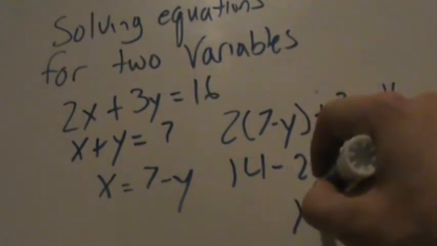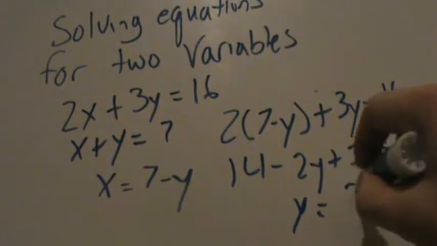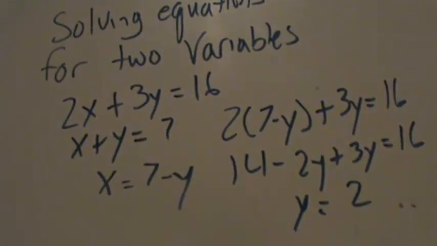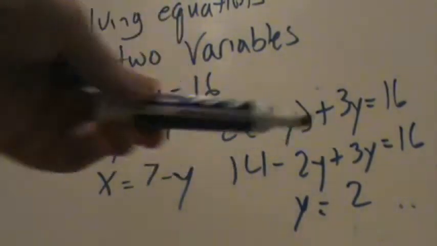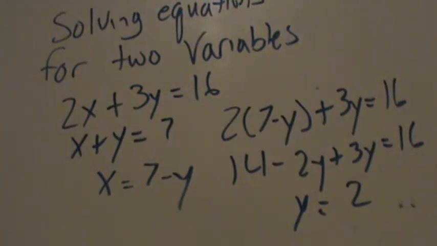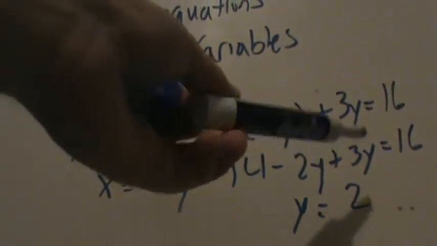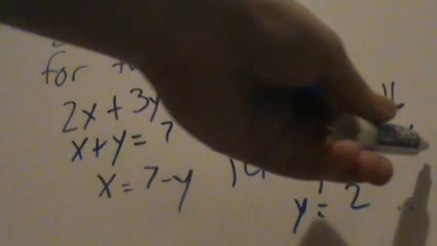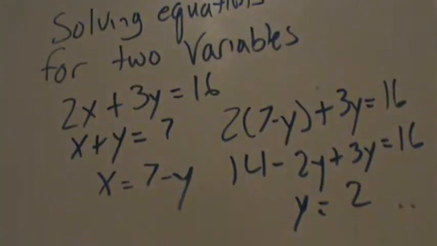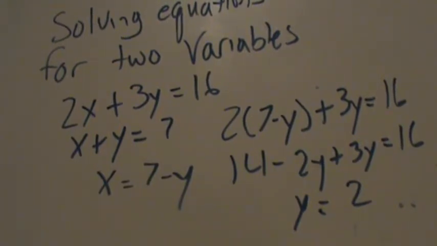So we have y equals 2, right? Because negative 2y plus 3y is y, so we have y here, and then if you subtract 14 from both sides, you get 2. So we know that y equals 2. From this, we can take two approaches to figuring out what x is equal to.